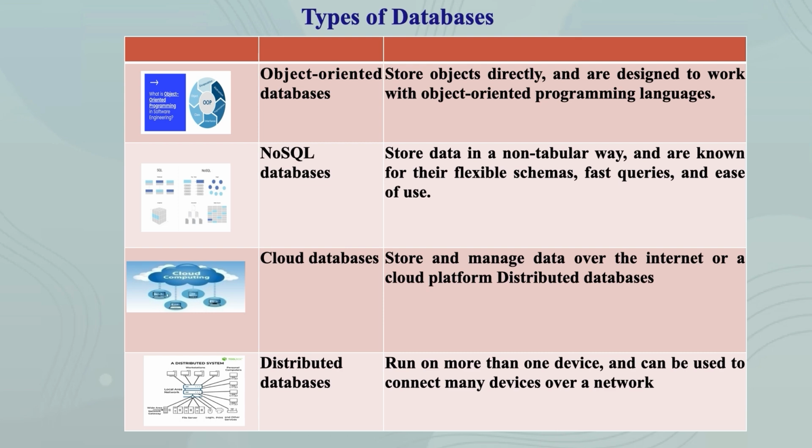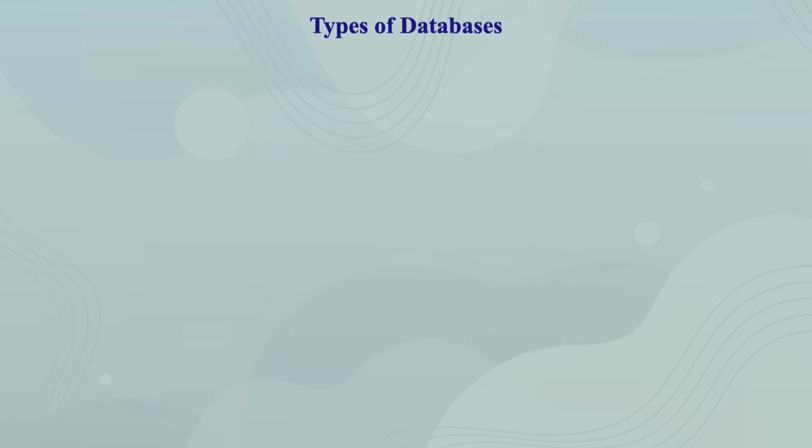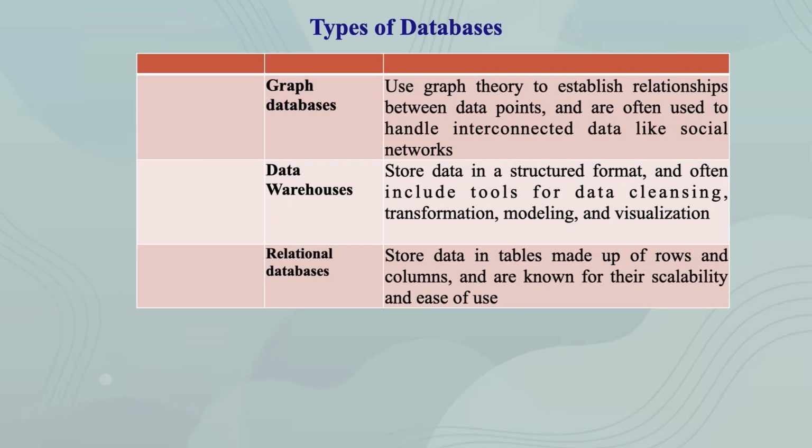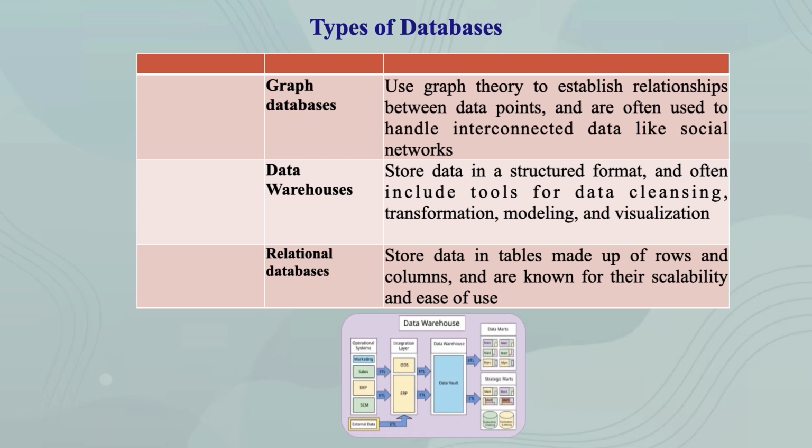You can use mobile, laptop, desktop, even all the smart gadgets, and people can use them at a time. Then graph databases use graph theory to establish the relationship between data points and are often used to handle interconnected data like in social networks.